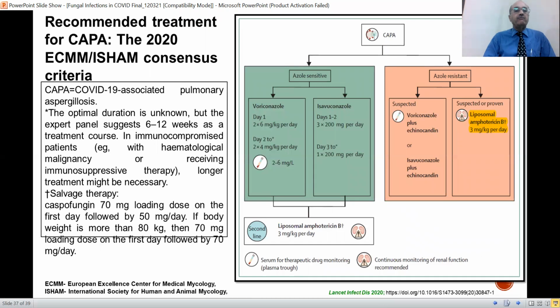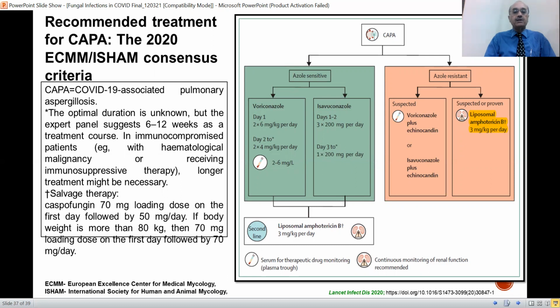So the recommended treatment for the commonest fungus seen, that is COVID-associated pulmonary aspergillosis, is as per the 2020 European Confederation of Medical Mycology and ISHAM consensus criteria. If your patient is suspected to have CAPA and is found to be azole sensitive, then you can start voriconazole, that is 6 milligram per kilogram body weight 12 hourly on day 1, followed by 4 milligram per kilogram body weight twice daily from day 2 onwards.